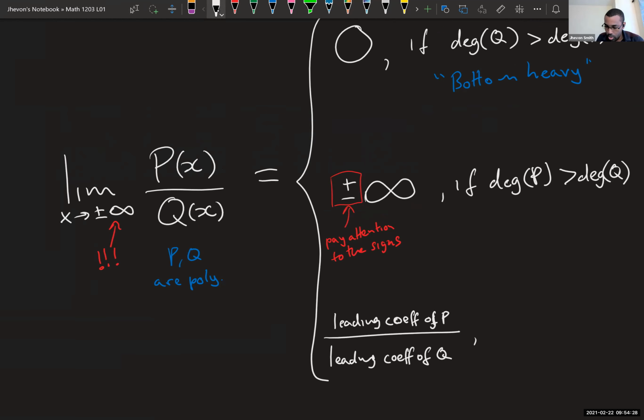And that happens when, and this one we call top heavy, the degree of p is equal to the degree of q. And we will henceforth and forevermore refer to this as the ratio of leading coefficients.